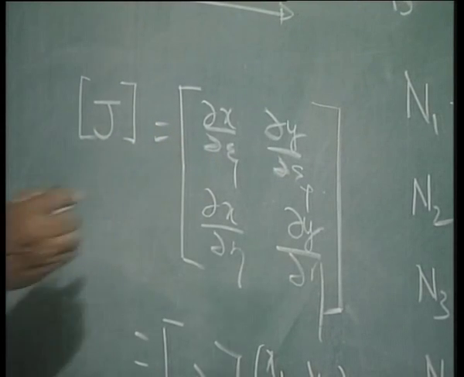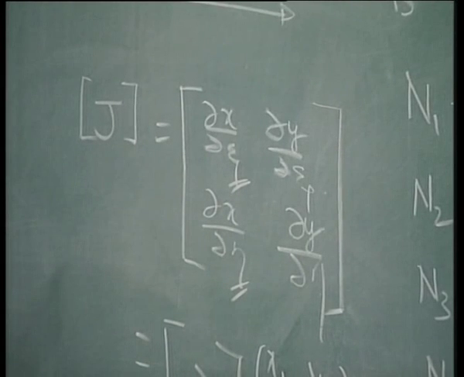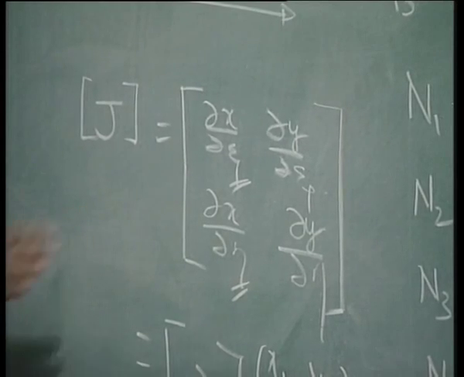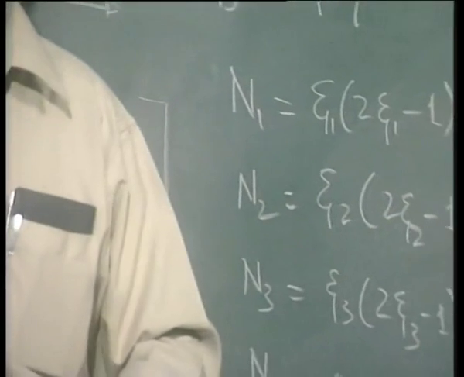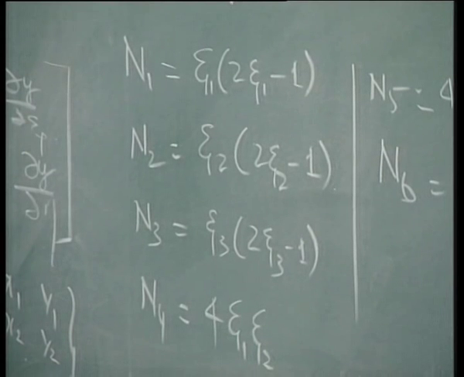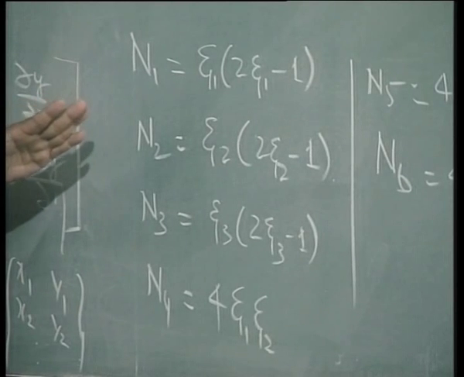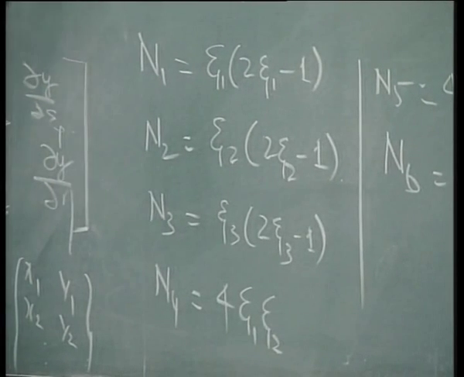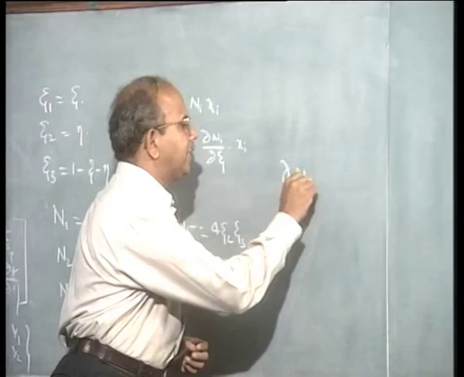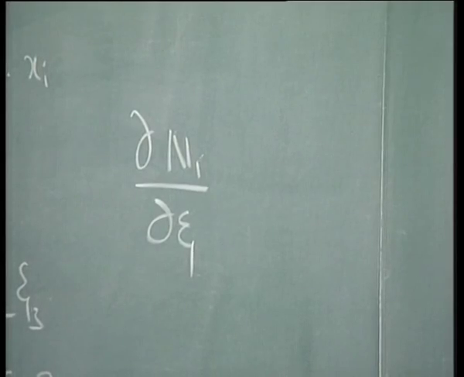Now look at these things, I have put psi and eta. So I think the major difficulty, if I understand from you, is how to calculate it in psi and eta, because I have written all the N's in terms of psi 1, psi 2 and psi 3. Now this is a very simple thing to do. Is that the question? It is very clear, because psi 1 is a function of psi. So if I want to write down, say, dou Ni by dou psi, what I do is very simple.